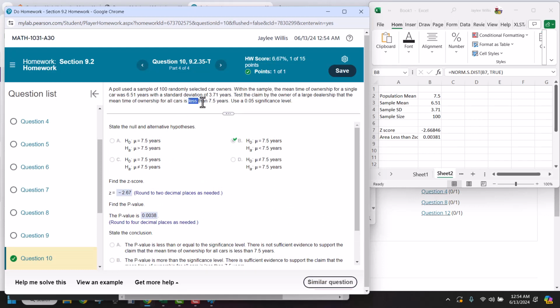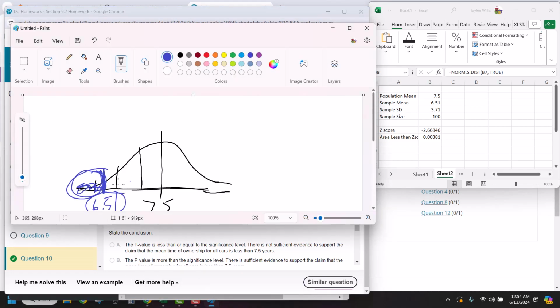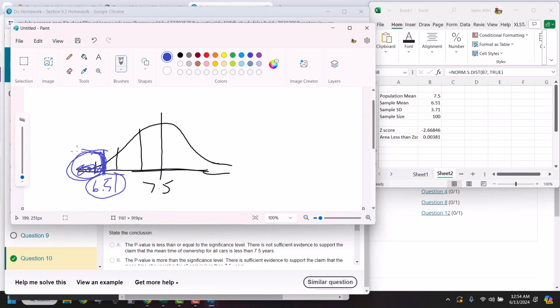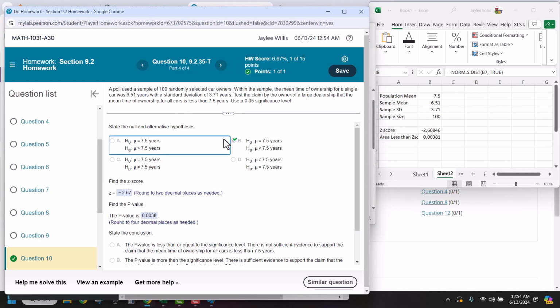Now, notice that this alternative hypothesis was specifically that the mean time of all cars is less than 7.5 years. And so in our picture, we were wanting to find this probability. Now, sometimes you'll be asked to test the claim that the mean time of ownership for all cars is different than 7.5 years.